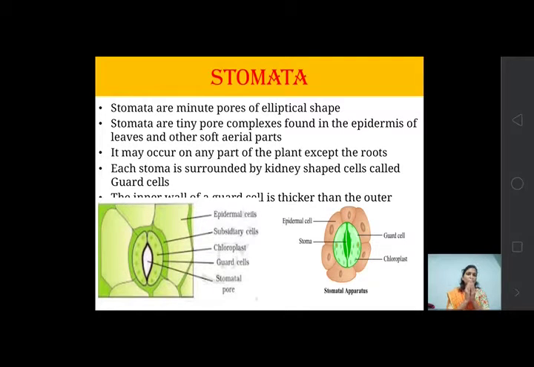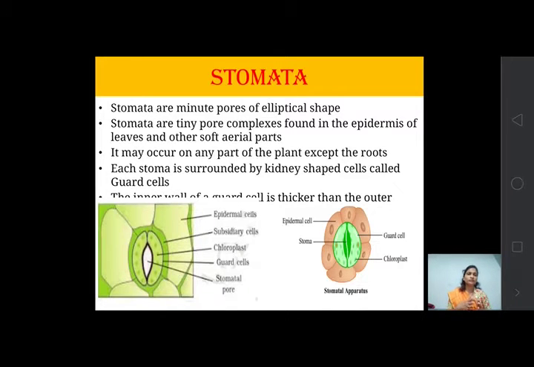So each stoma is surrounded by bean shaped or kidney shaped cells known as guard cells. These guard cells are living cells which contain nucleus, cytoplasm, vacuoles and a number of chloroplasts.